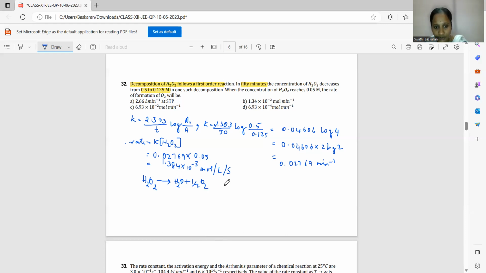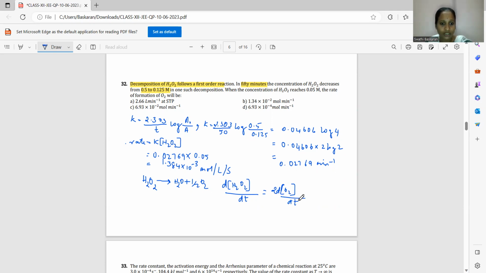So we know how to write the differential rate equation, which means that d of H2O2 divided by dt is equal to, basically we will write for stoichiometric coefficient, if it is 2, then 1 by 2 of any concentration term we will write, but here it is 2 directly, that is half directly, and hence it becomes 2 of dO2 by dt.